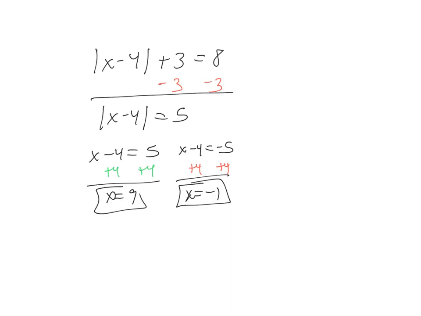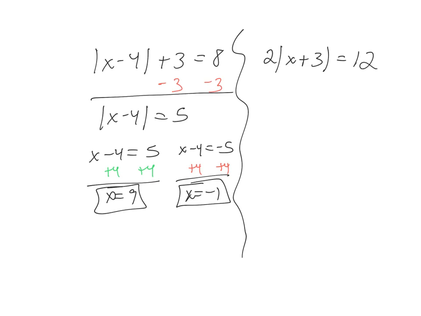Most of the time, it's not all the time, but a very high percentage of the time, you're going to have a positive and a negative answer. Doesn't have to be that way, but a lot of the time it will. Okay. So if I put a number in the front, that means multiply.